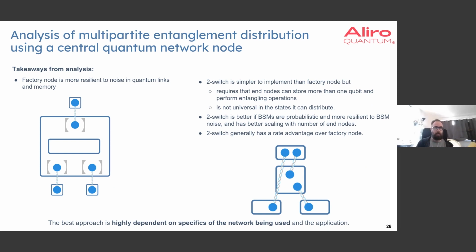So what they take away from their analysis is that the factory node is in general more resilient to noise in the links that establish elementary entanglement, and to noise in the memories themselves in the central node. On the other hand, the 2-switch has its own advantages and disadvantages that I already mentioned. Beyond that, in the context of the analysis, the 2-switch is better than the factory node if the BSMs are probabilistic or noisy.